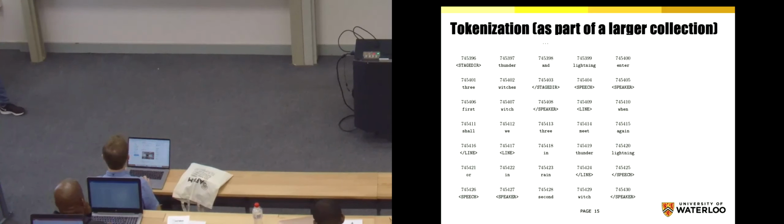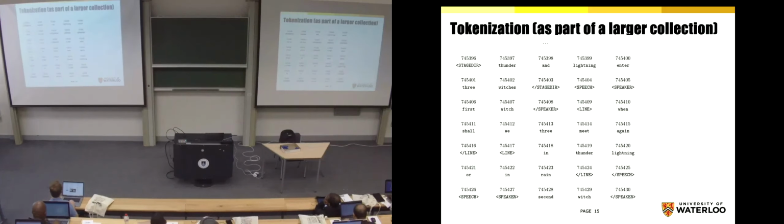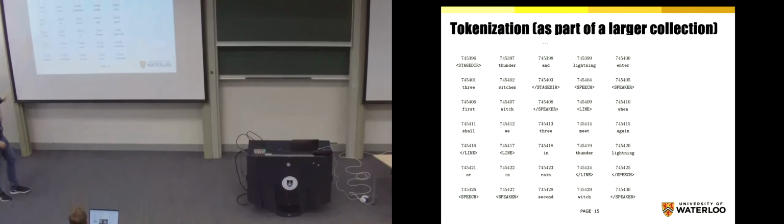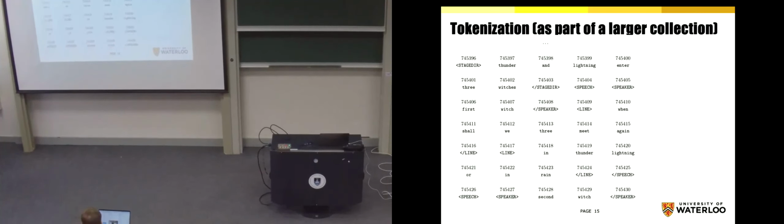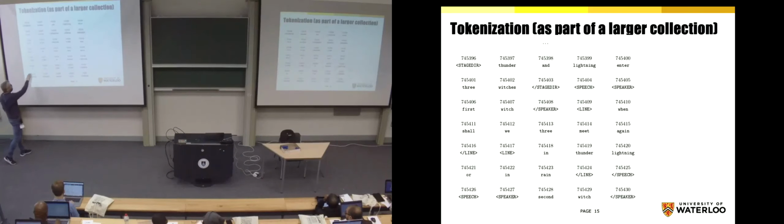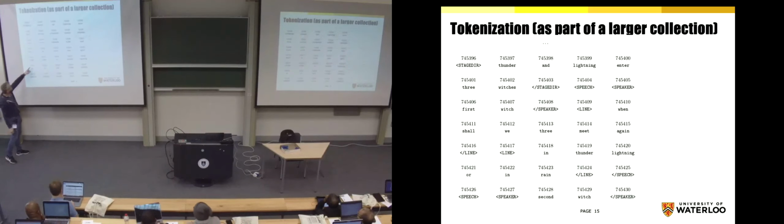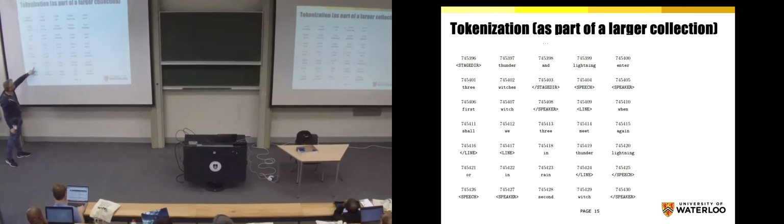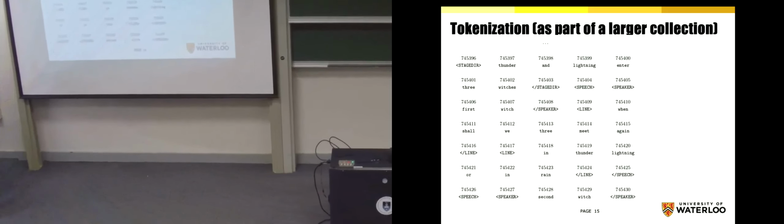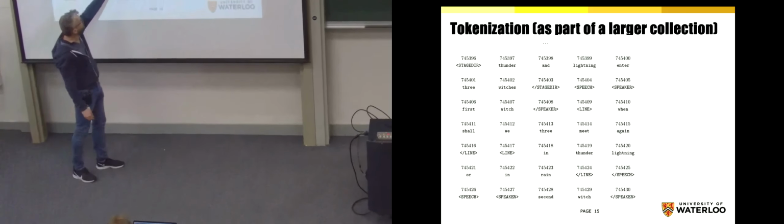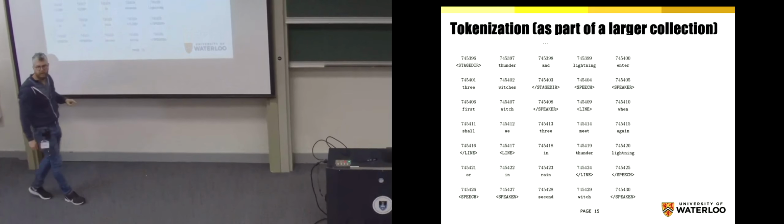So take the full collection of Shakespeare, all the plays in the order that they were written, right? We give a number to each. We split it up into words. That's called tokenization. And we give a number to each of the words. So this word "or" here is at position 745,421. Shakespeare wrote a lot of words. Rain here is at 745,423.